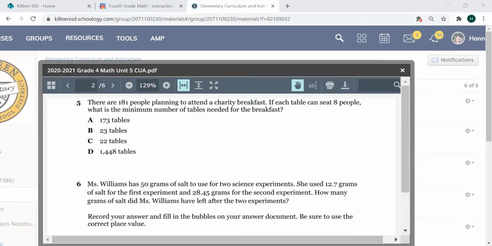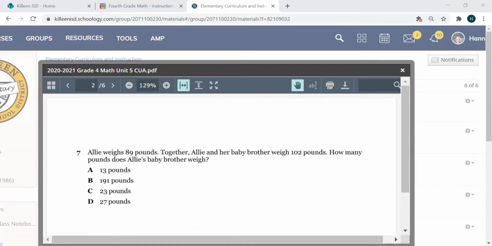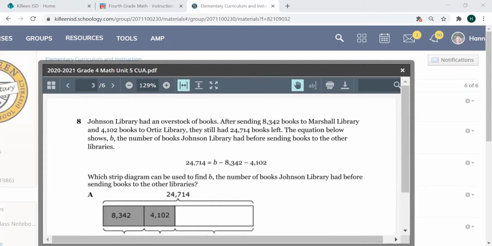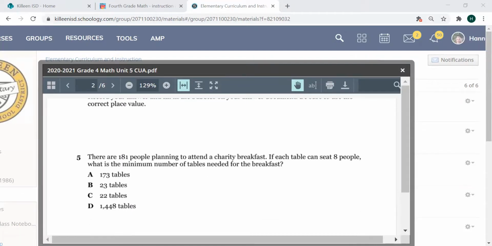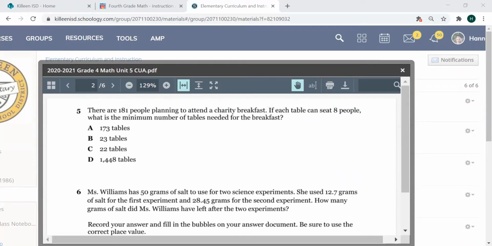Seven's over there. Somebody went to the wrong group. Yes, Delilah. I was helping you. Well, we're doing math test corrections. So these were on 5 and 6 and 7 and 8. I can't fit 8 on there all at one time. So take a look at them and see how you think you solve them or how you solved them on the test. Make sure you're writing down the answers, okay?